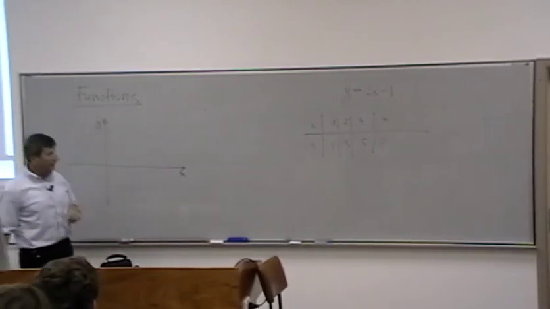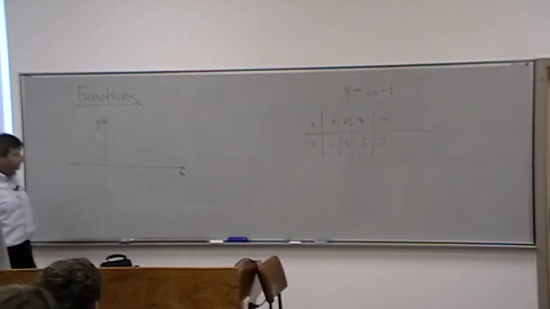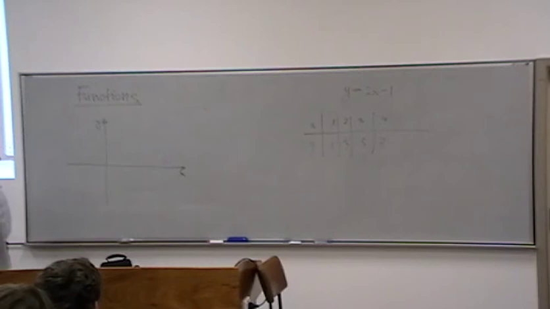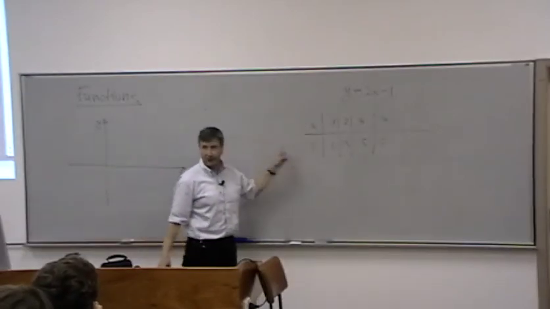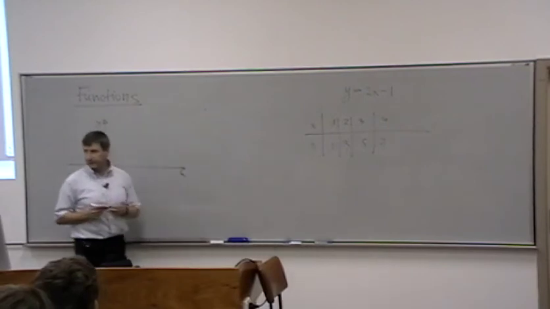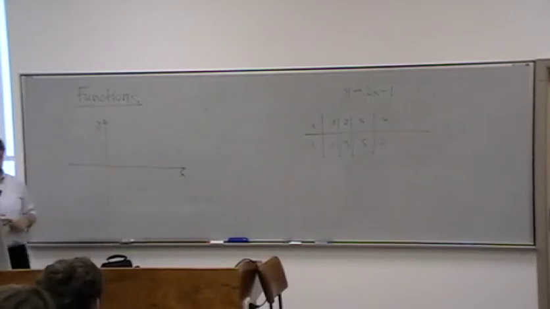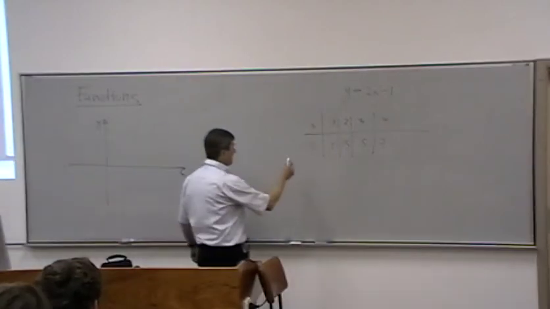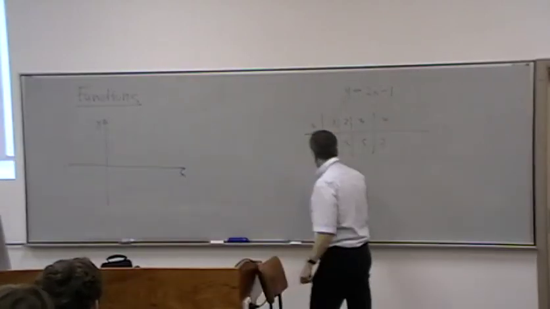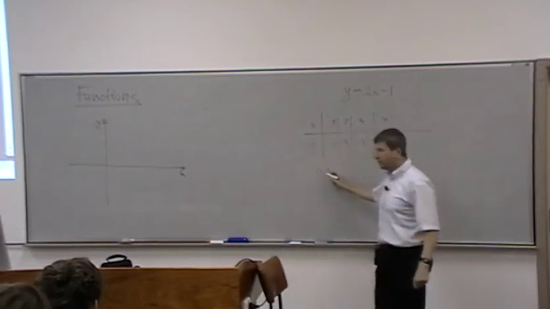Now for each pair I can find exactly one point which has the coordinates x and y. I assume that you have seen coordinate system and coordinates before. That should not be a problem. So writing this as a pair, and unfortunately here also the common notation is round parentheses.